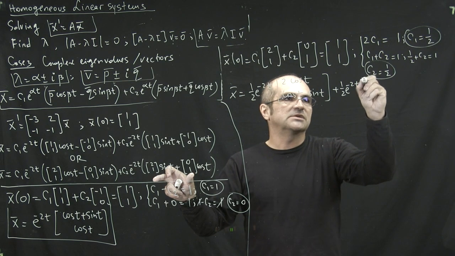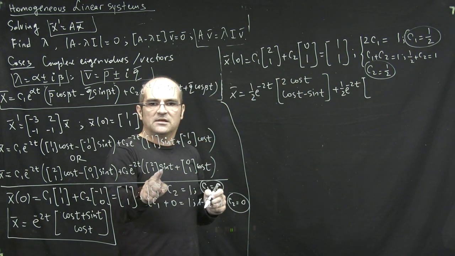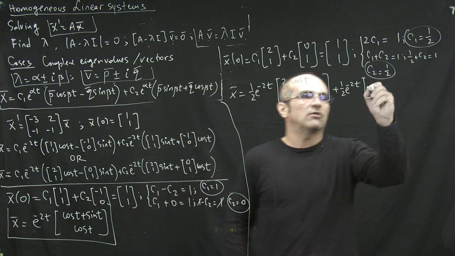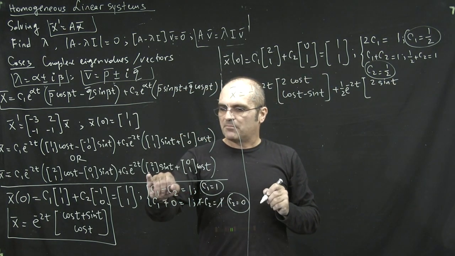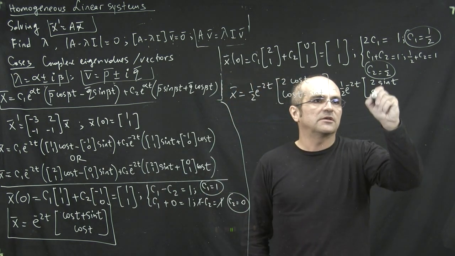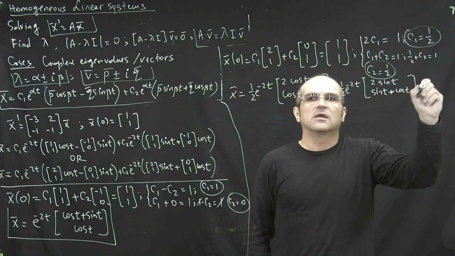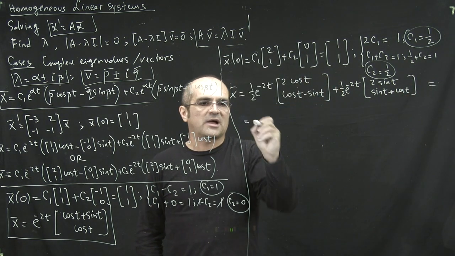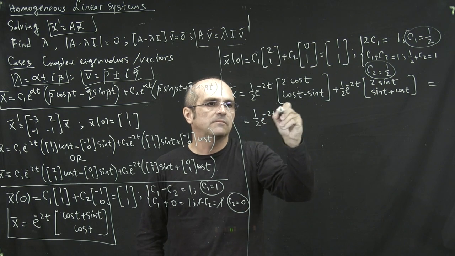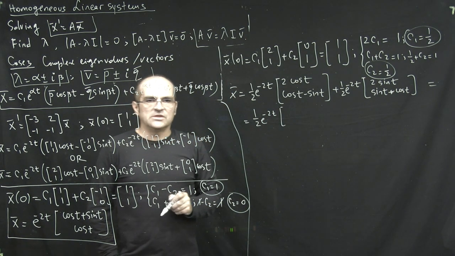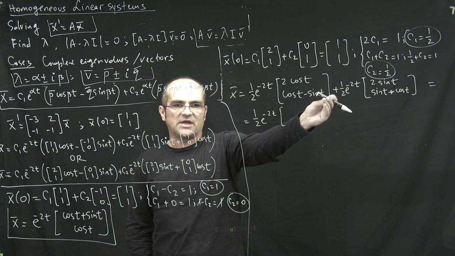Let's combine this into a single vector as well. 2 sine plus 0 cosine, that's 2 sine of t. And then sine plus cosine is the second component. Moving on with some algebra, we can pull out 1/2 e to the minus 2t between the two matrices, right? I mean, we can pull out as a common factor and add the two matrices.